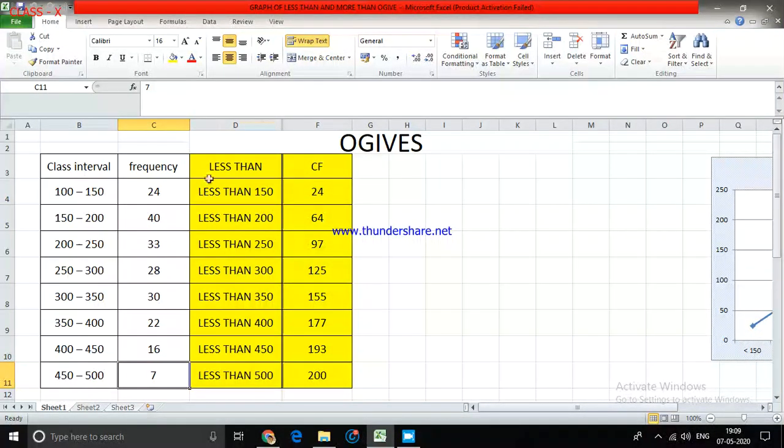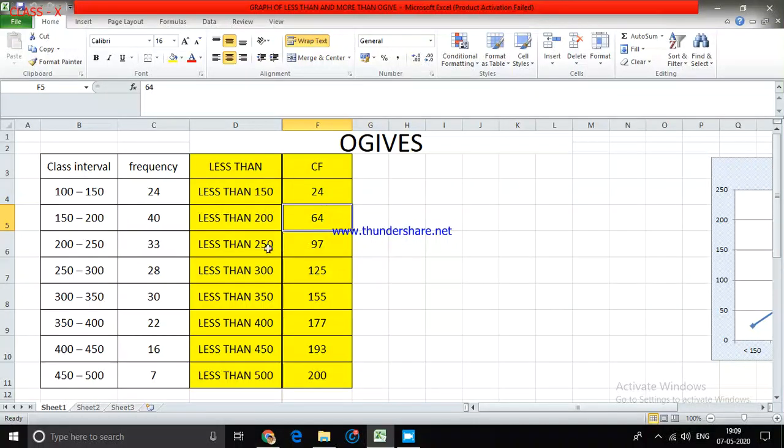Now when I convert into the less than type, how do we do it? Less than 150, there are 24, so here also the answer will be 24. Less than 200 means from 100 to 200, so 24 plus 40, it will be 64.